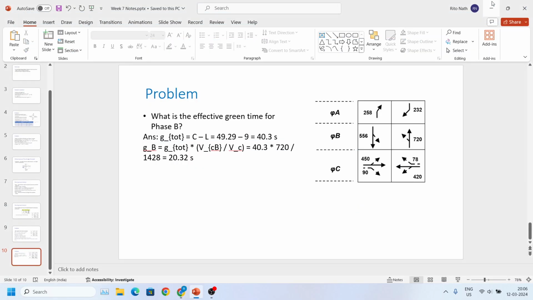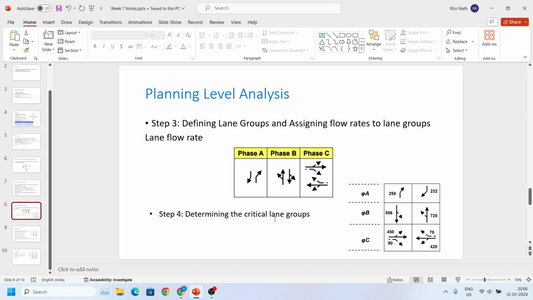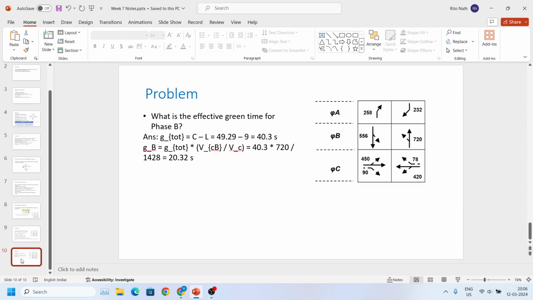Okay, so let's get into the other discussion. So I was discussing the planning level analysis. So let's quickly see what's left there. Otherwise, I'll just briefly discuss the operational analysis. So in this, I think I was in step 4, determining the critical lane groups and the volumes and so on. I think the fifth one is assessing the intersection's efficiency of this estimated cycle length.